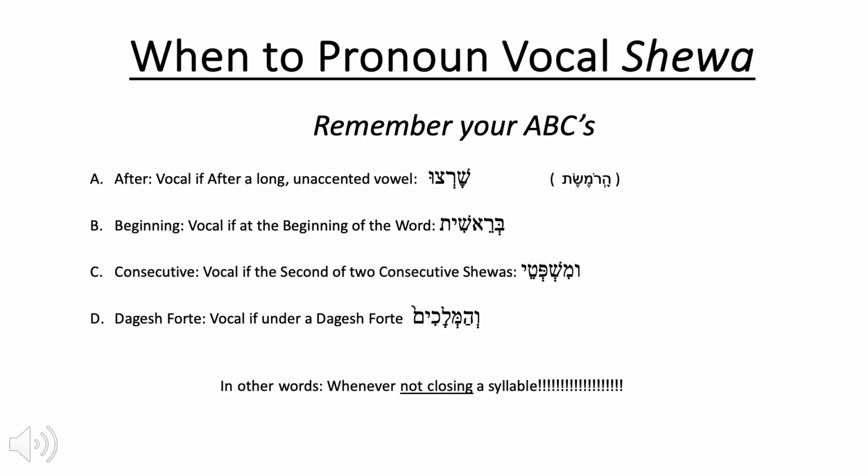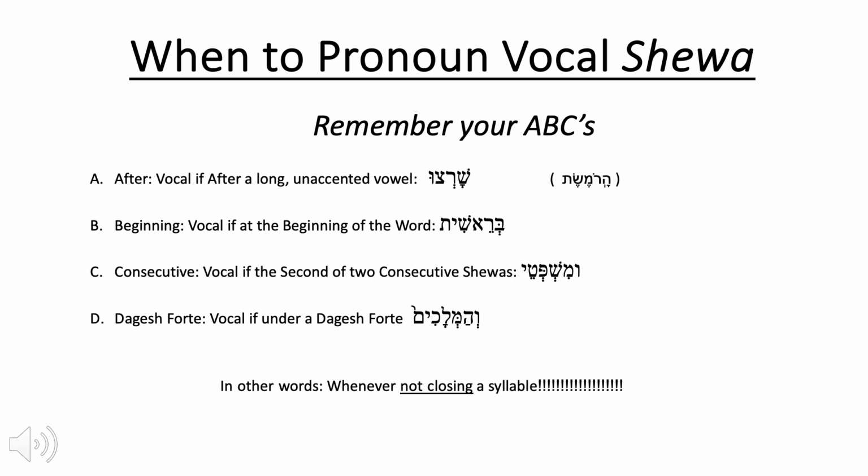This is u-mishpate, and the judgments of. The schwa under the shin closes the short vowel hirik under the mem, and so is not produced and pronounced. The second schwa is pronounced, producing the sound, according to the rule, since it is the second schwa, p.